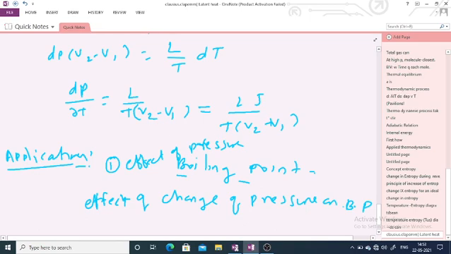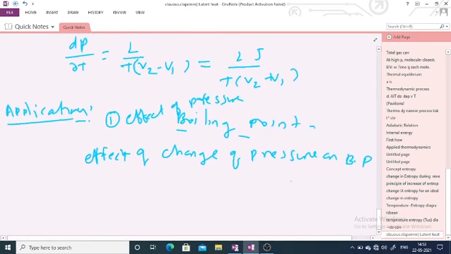Now during boiling, the volume increases from V1 to V2. So V2 is greater than V1, so V2 minus V1 is positive.